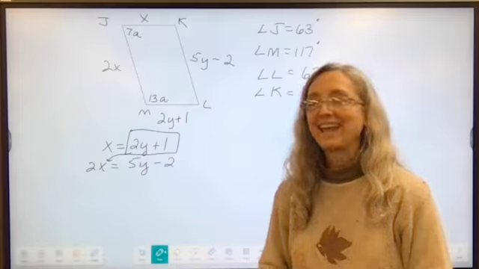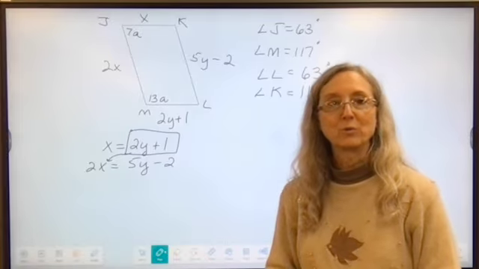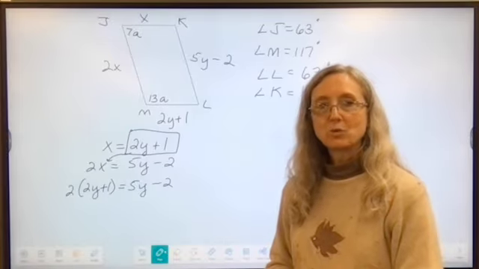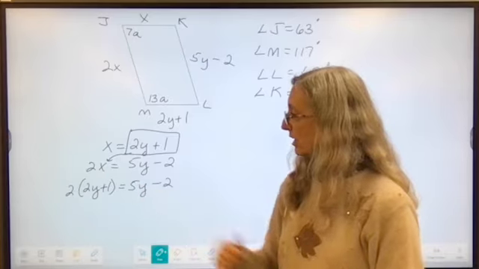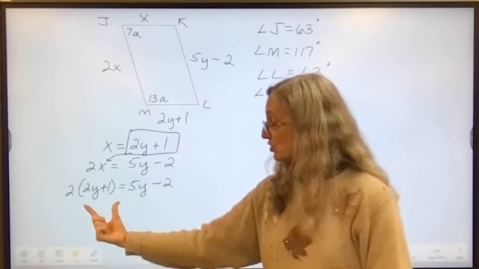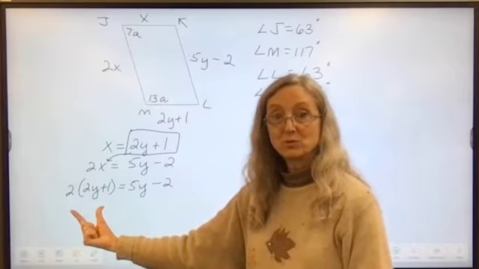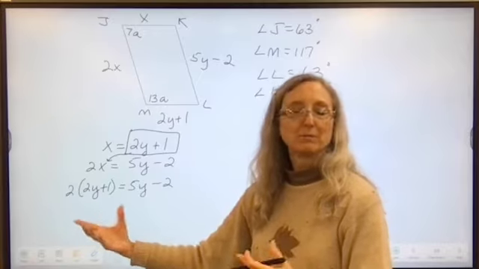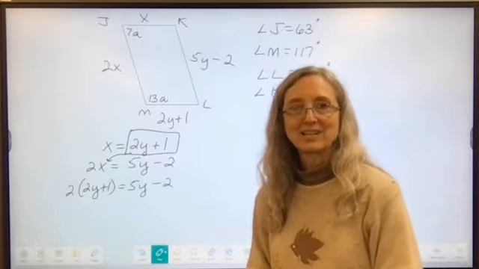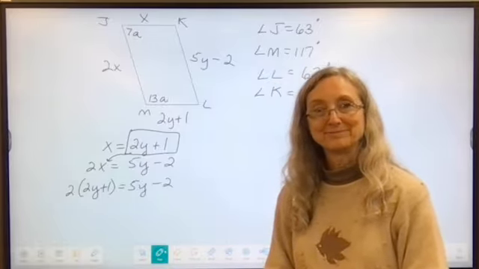I will substitute it, and then I'll be able to solve for y. So where the x was, I put 2y plus 1. I'm going to distribute because this was 2 times x, so I have to multiply all of 2y plus 1 times 2, put my y's together and my numbers together and solve for y.